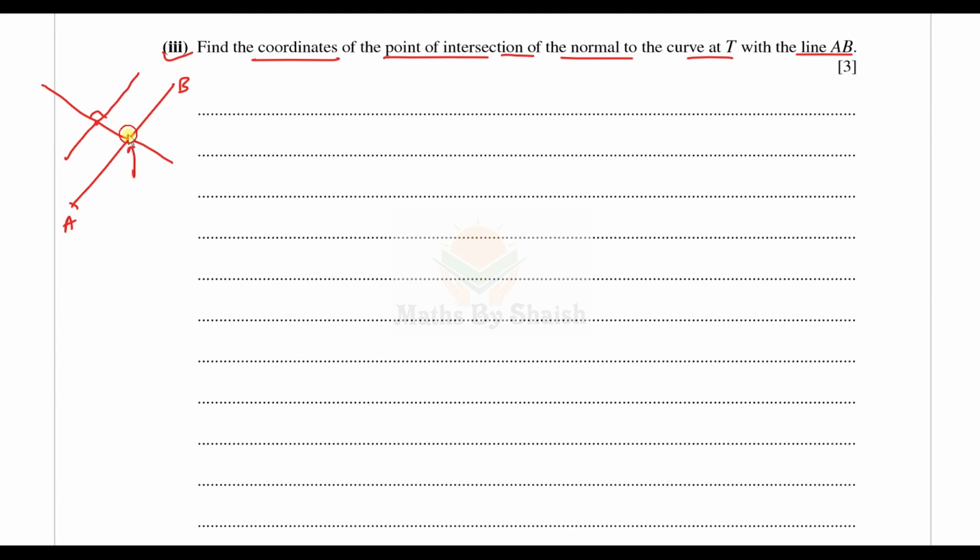We know the tangent gradient is 1, so the gradient of the normal at T is going to be minus 1 upon 1, that is minus 1, because the gradient of the tangent at T is 1.